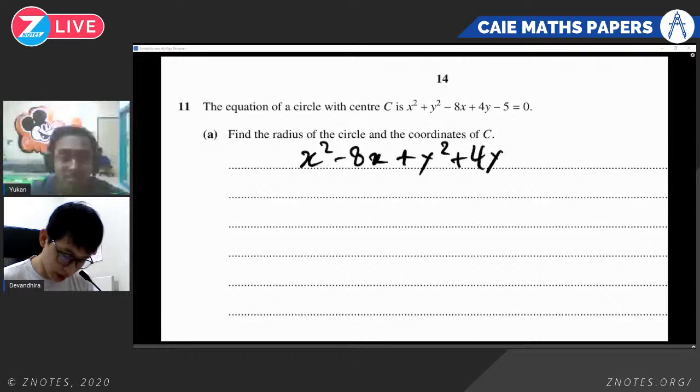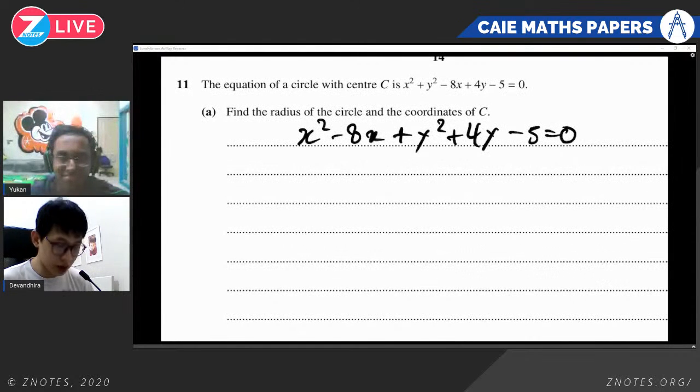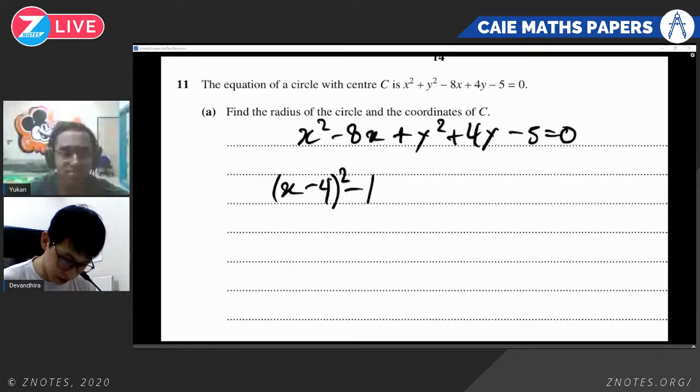So let's collect the x and y terms together, and we can complete the square. Just like before, we'll divide by 2 the coefficient of x. We have x minus 4, then you have to subtract the square of negative 4, which is 16. Same for y squared.